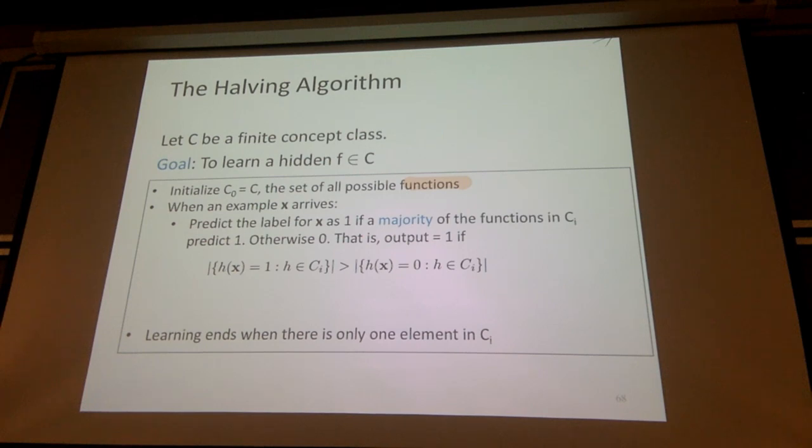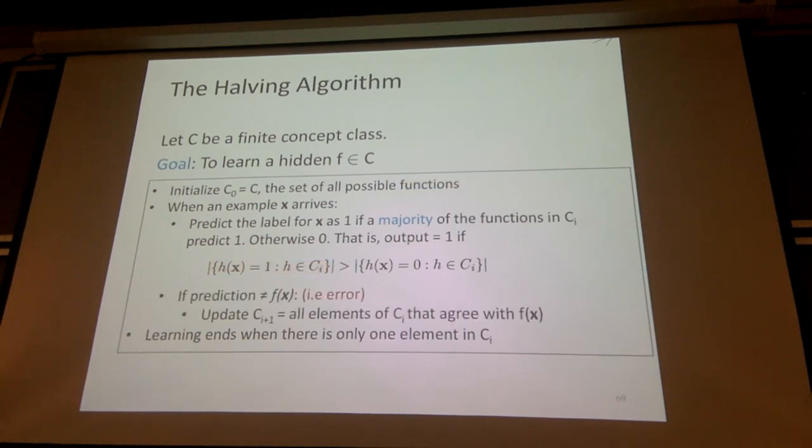So what I've written here is this set here is just a subset of Ci, the current set of functions, that predicts 1. And if the number of functions that predict 1 among the functions that it currently has is more than the number of functions that predict 0, the algorithm says that this example should be true, otherwise it says false.